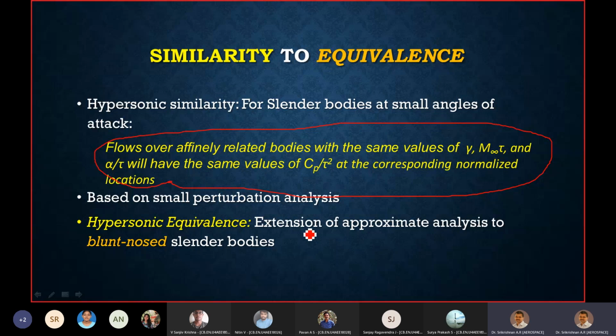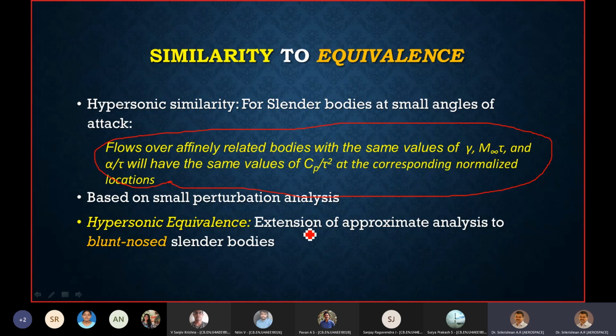So if gamma, the product of M infinity and tau, and the ratio alpha by tau are the same for two affinely related bodies, then the values of Cp by tau squared at the corresponding normalized locations will be the same for both of them. We are not saying that the pressure distribution will be the same. We are saying that Cp by tau squared will be the same. Cp is a non-dimensional parameter, tau is a non-dimensional parameter, so Cp by tau squared is non-dimensional as well.